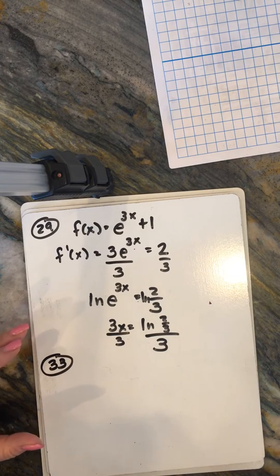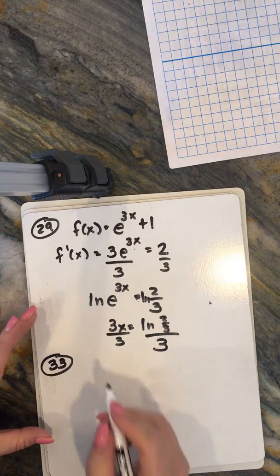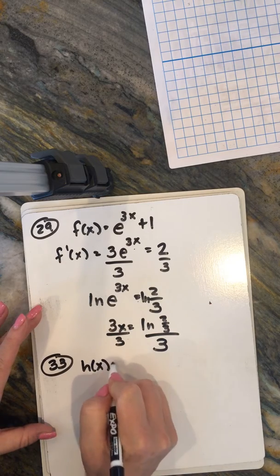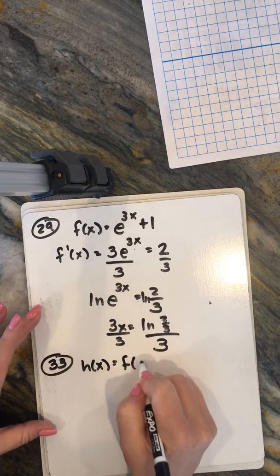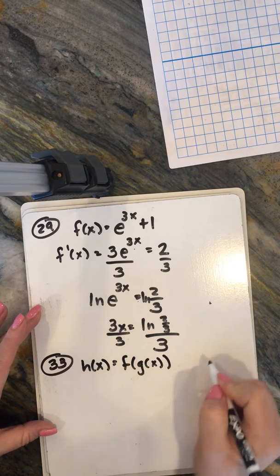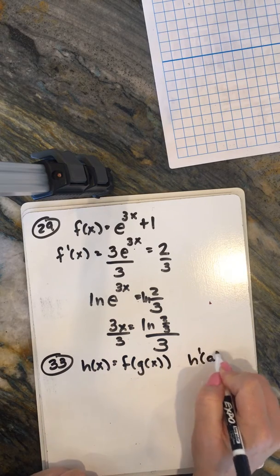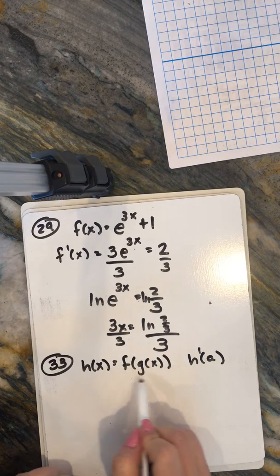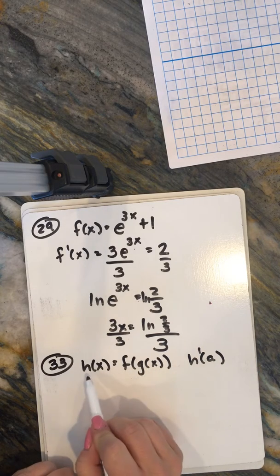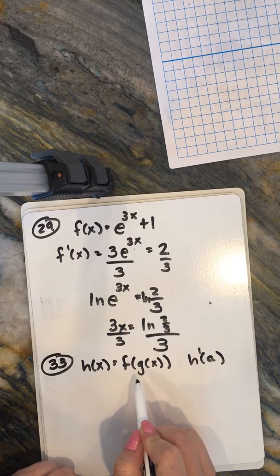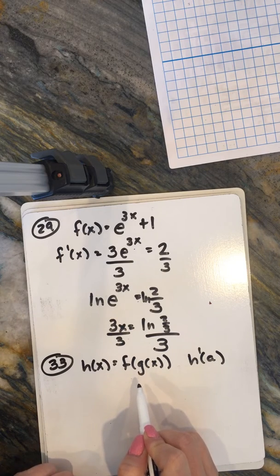We've got f and g that are differentiable functions, and h of x equals f of g of x. We need to find h prime of a. So we've got a composition of functions. To find the derivative of a composition of functions is the chain rule.